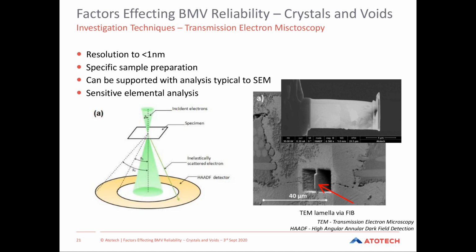Because it's a thin sample, you get very low background counts of copper, so it's a lot more sensitive in terms of elemental analysis. We can detect very low atomic mass materials, and we can measure quite typically very low dispersions as well. So it's a really sensitive tool which taught us an awful lot about what's going on within a system.